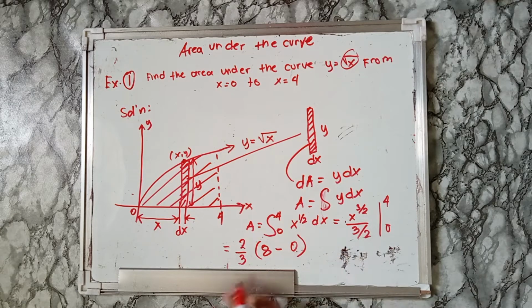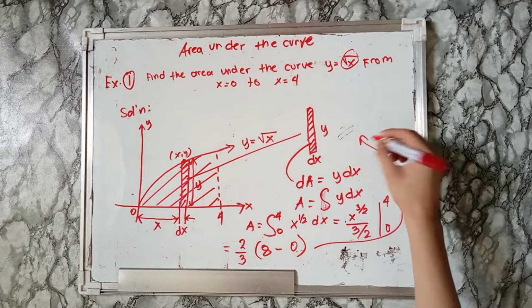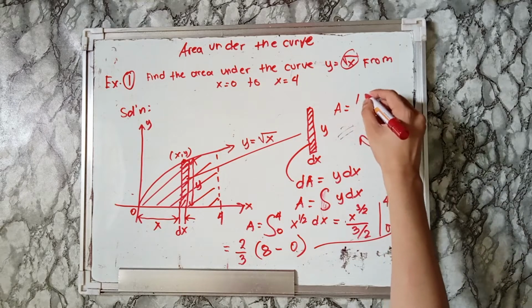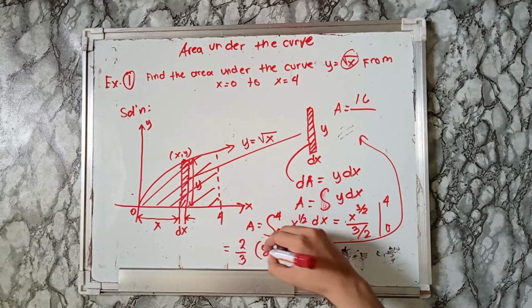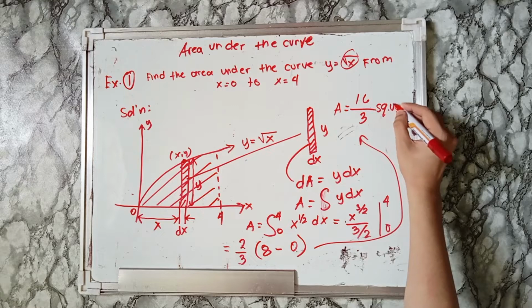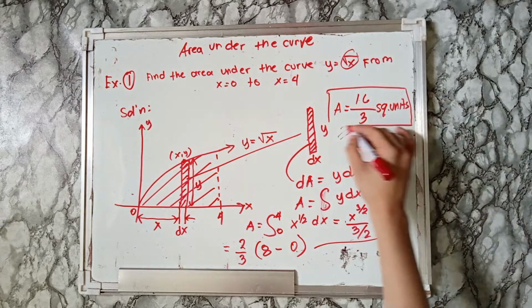Now our final answer, area is equal to 2 times 8 over 3, which is 16 over 3, and our unit is square units.